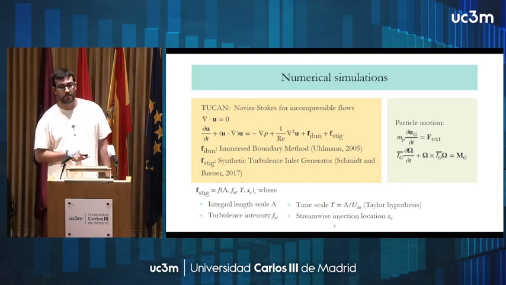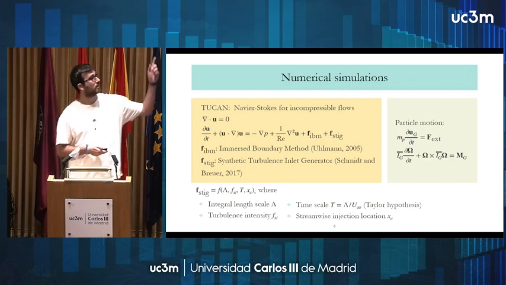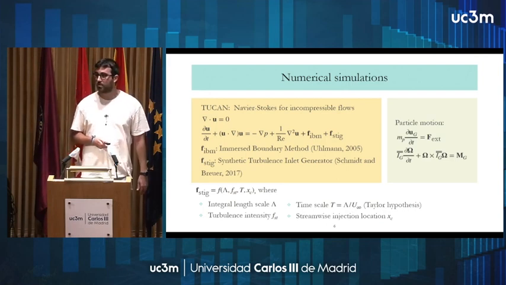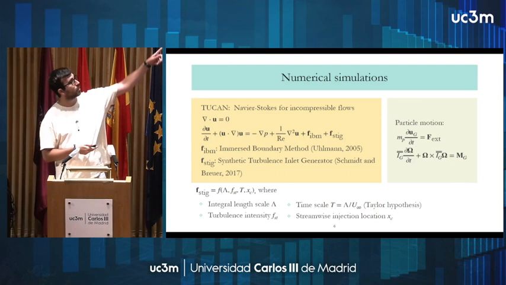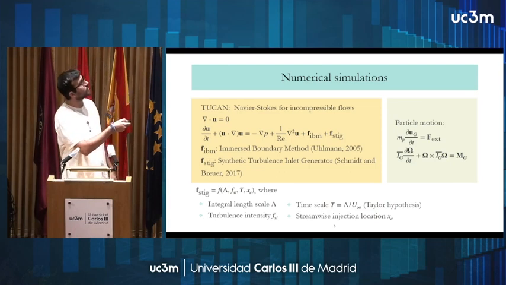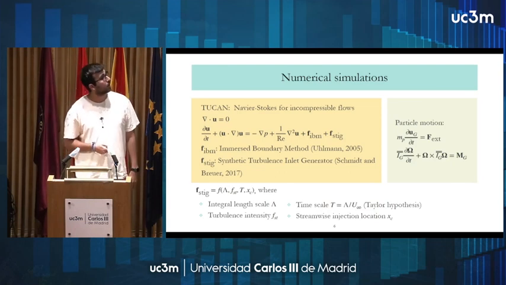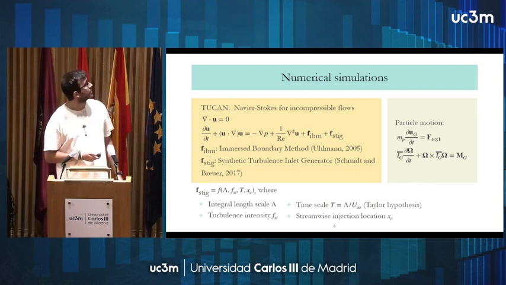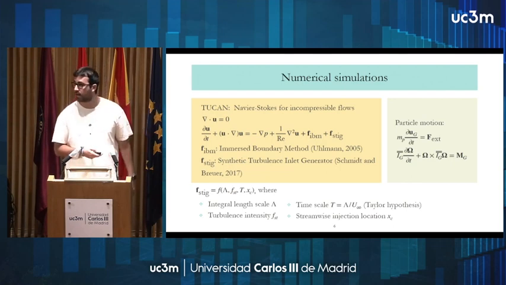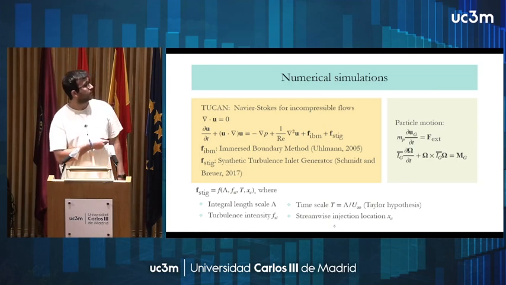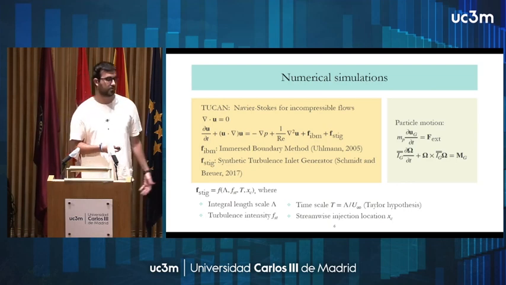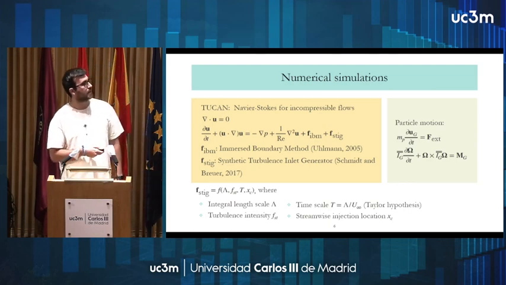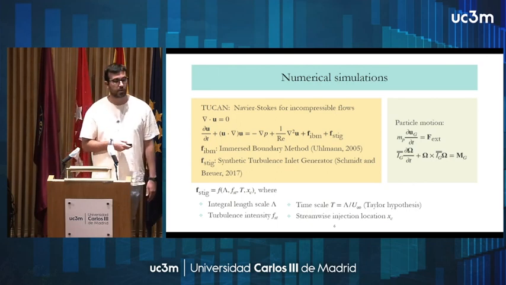And we are also including the effect of free stream perturbations with an additional source term, this F, added to the equations here, okay? Following the work of Schmidt and Breuer. So this last term, as said, included in the equation, is going to be a function of the integral length scale of the perturbation, the intensity of the perturbations, the time scale that we want to have, and the streamwise injection location.